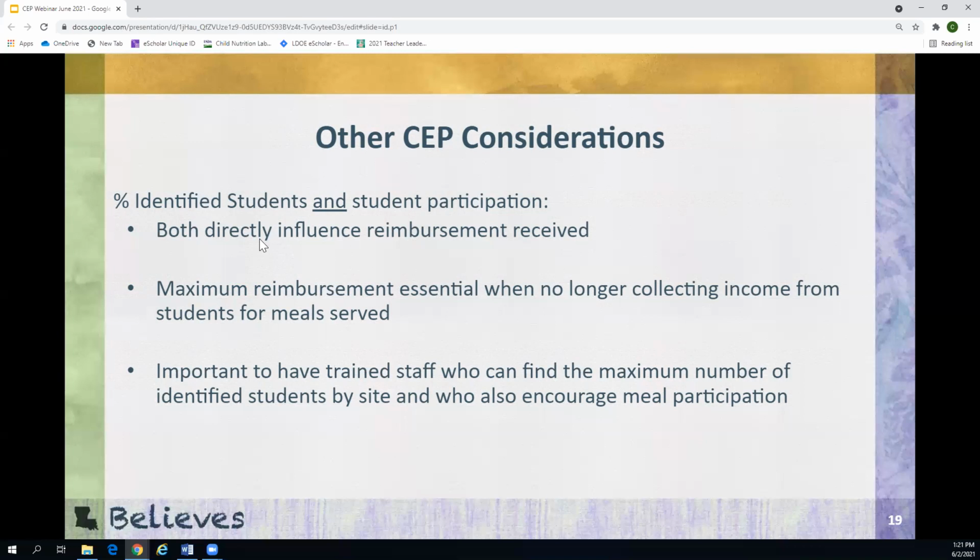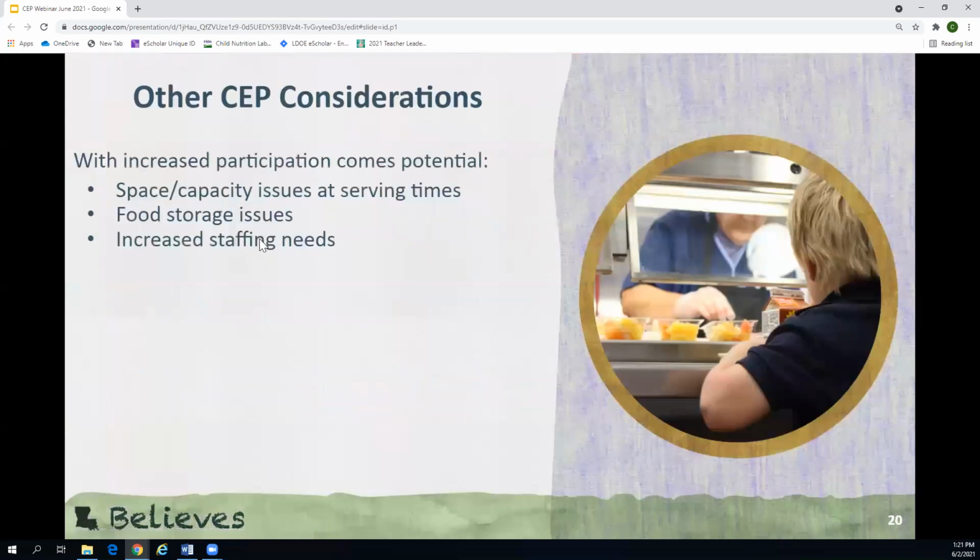It's important to have trained staff who can find the maximum number of identified students by site and can also encourage meal participation. So I always strongly recommend scrubbing through that data multiple times to make sure that you haven't missed any students. In small systems, sometimes it's just 5 or 10 students that can make the difference between 100% free claiming and not being 100% free claiming.